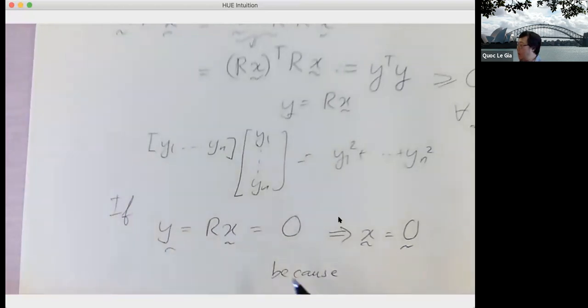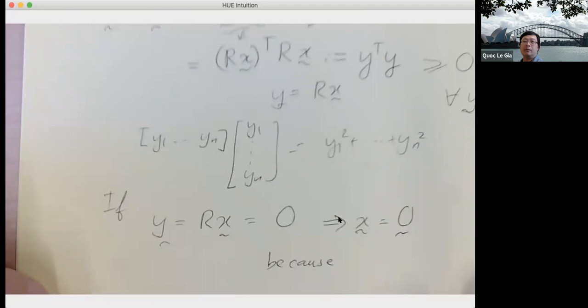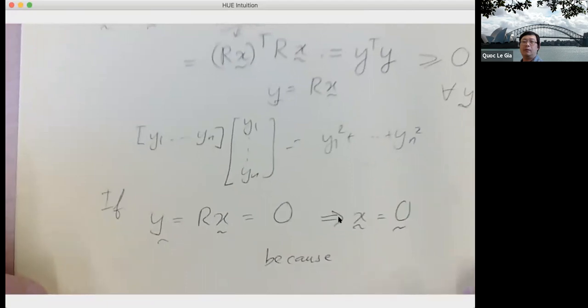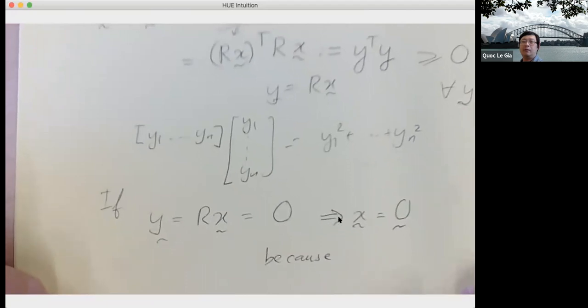So if Rx equals 0, meaning y equals 0, then my claim is the vector x has to be equal to 0. Why is that? Well, observe the matrix has a special structure.